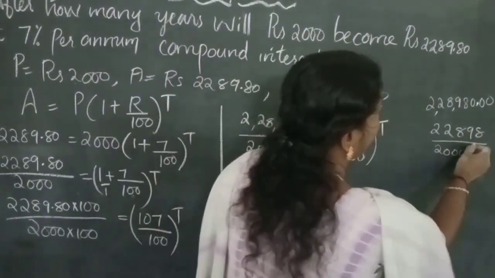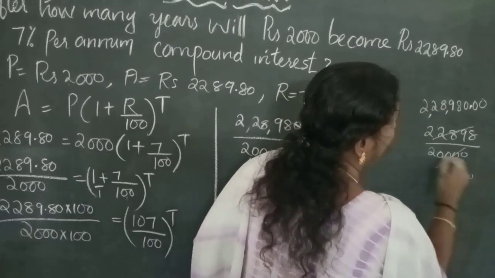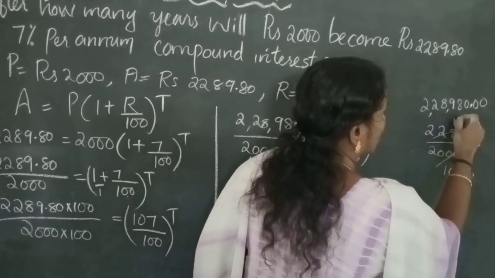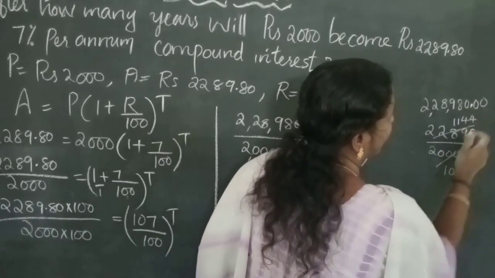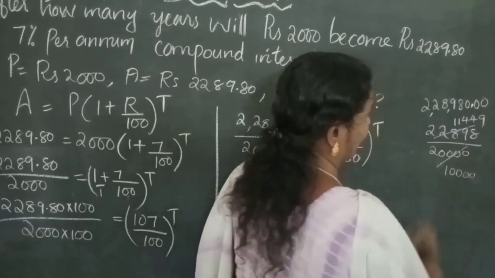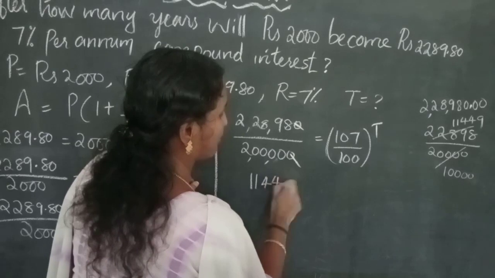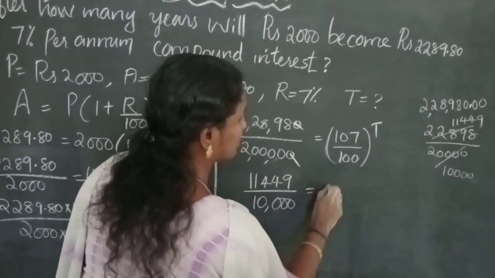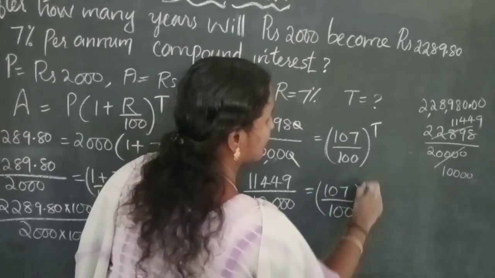We can cancel by using 2. 1 2s are 2, 4 2s are 8. Then balance 1 9. So 11,449 divided by 10,000 is equal to (107 by 100) the whole raised to t.